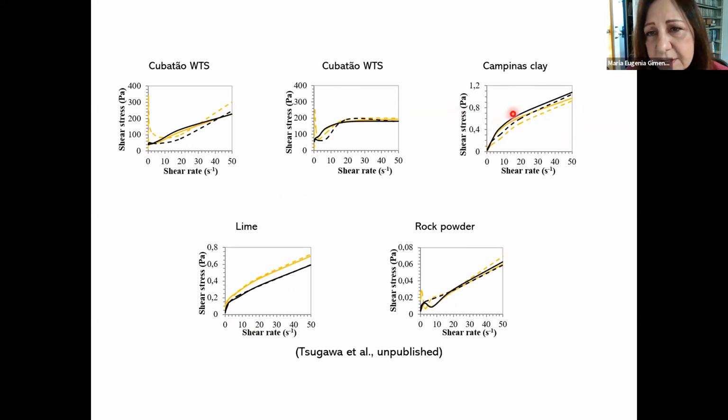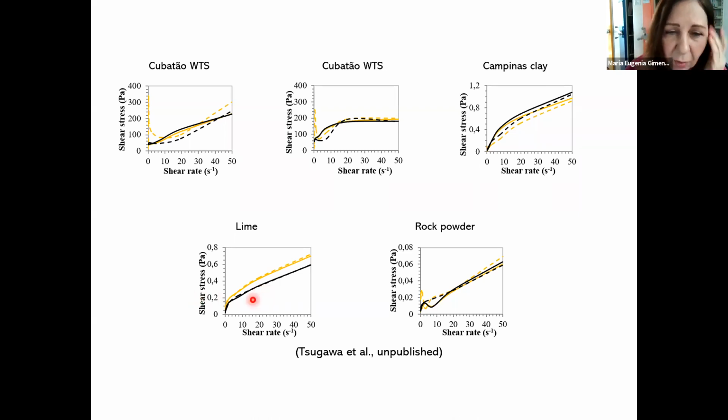Also, we see that all materials are shear thinning. The tangent here is becoming smaller with shear rate. The lime and rock powder have coincident acceleration and deceleration curves. There is no hysteresis loop, so there is no influence of time in these materials.